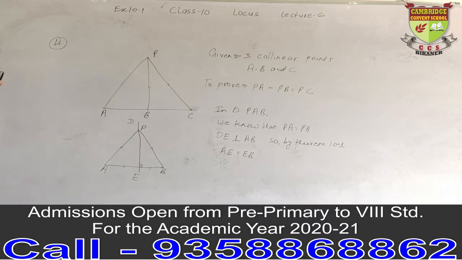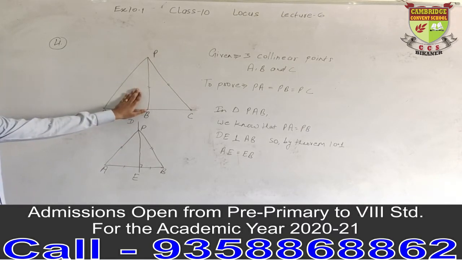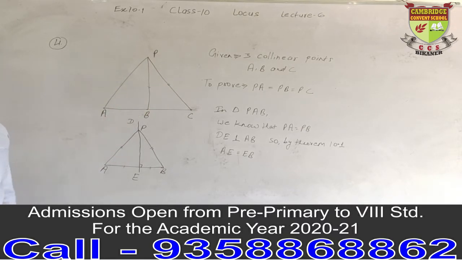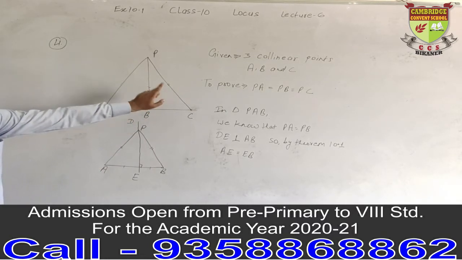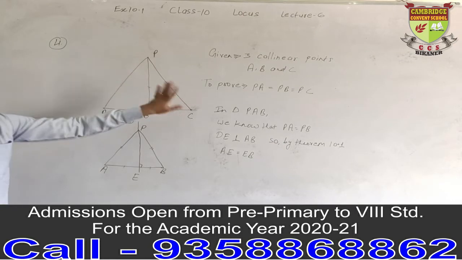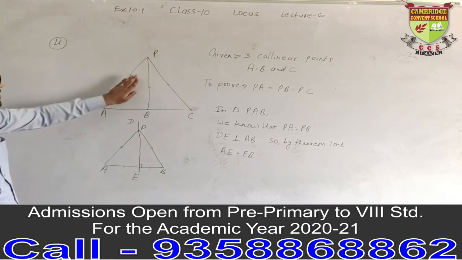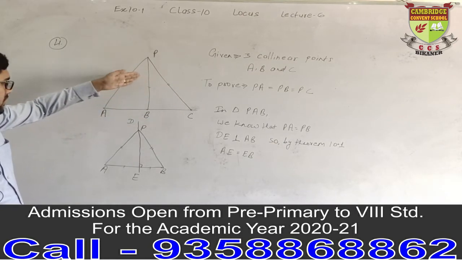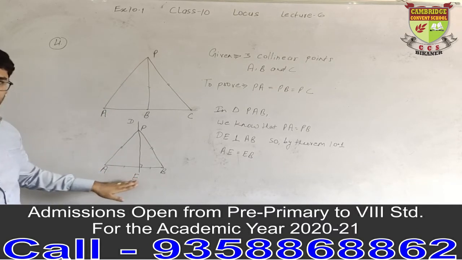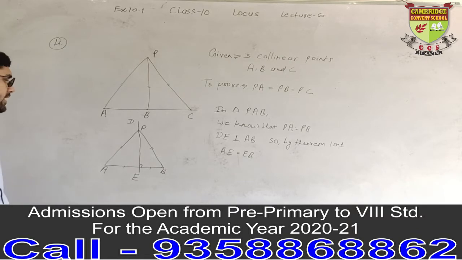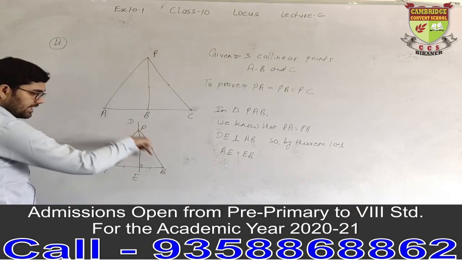Now similarly, like we did this, we have to do this also. The same thing will be applied for this particular triangle PBC. In this triangle, we drew a perpendicular due to which this was bisected, and this theorem applies when both these sides are equal.